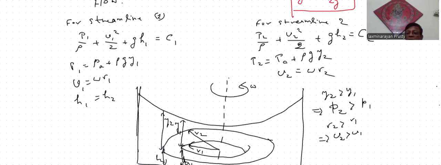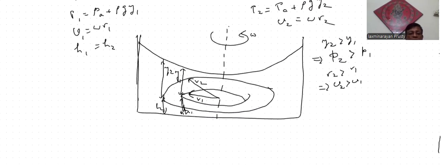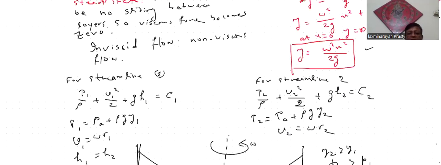GH1 is equal to GH2. That means if I compare, C2 will be greater than C1. Obviously, V2 square is greater than V1 square, P2 greater than P1, and GH1 equals GH2. So obviously C2 will be greater than C1.